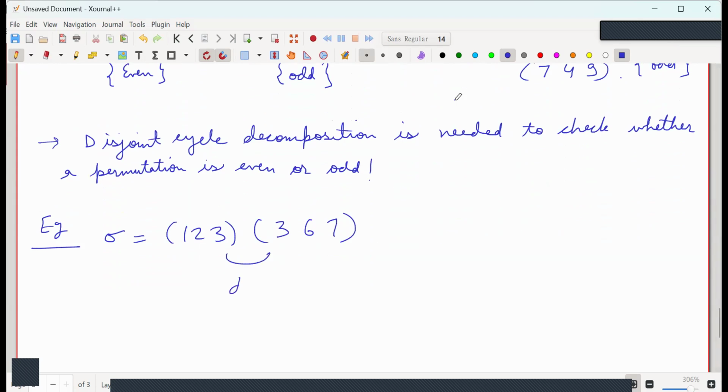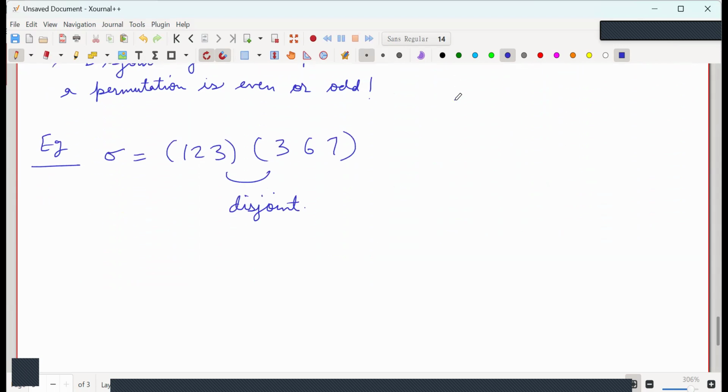This is not disjoint, right? Can we say anything about these permutations? Can we still say anything?